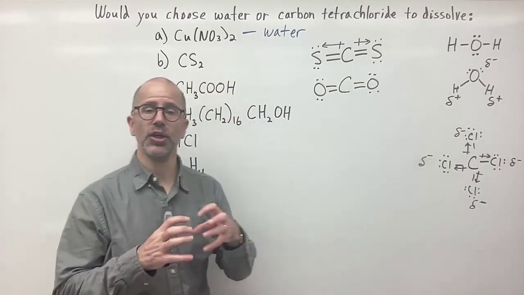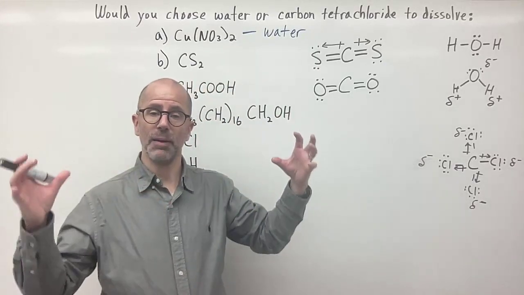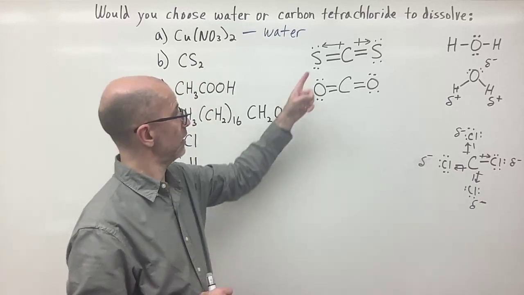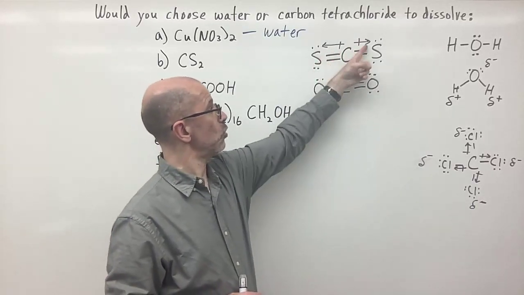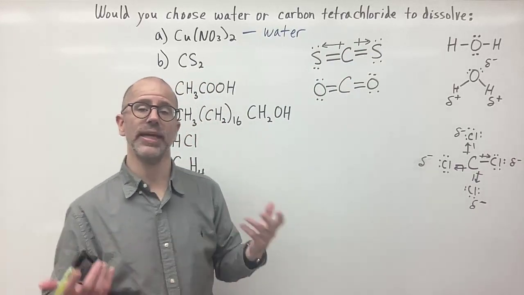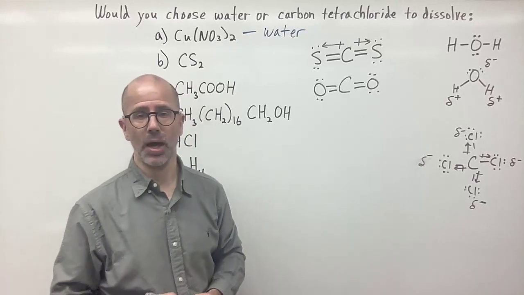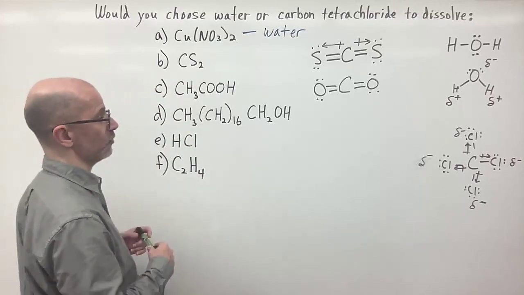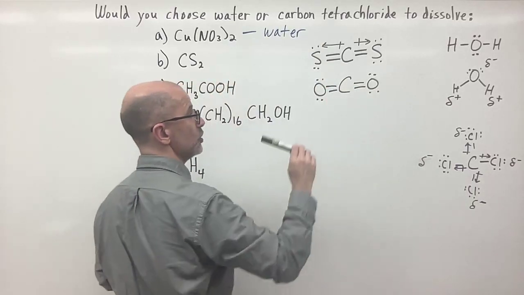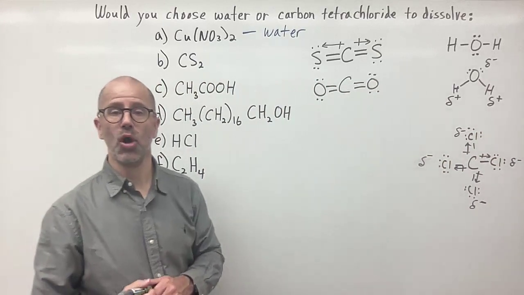According to VSEPR theory, they're going to want to get as far apart as possible, so they're going to be on opposite sides of the carbon atom, which means these equal but opposite dipole moments in the bonds are going to cancel each other out, and therefore we have a nonpolar molecule. And so that tells us that CS2 is going to dissolve in carbon tetrachloride and not in water.